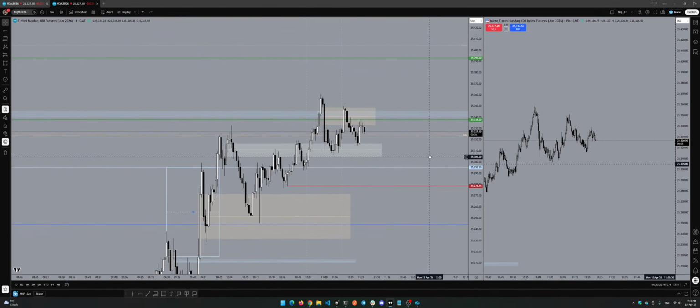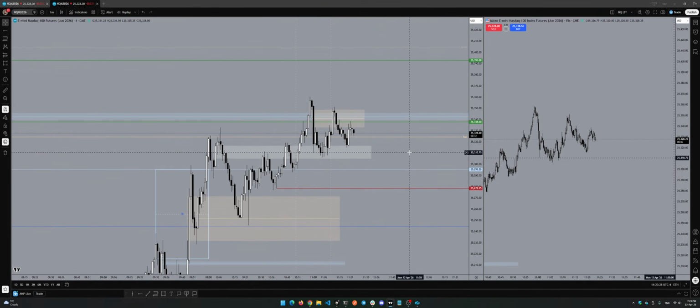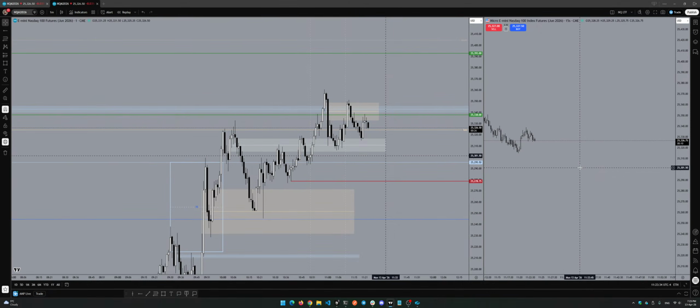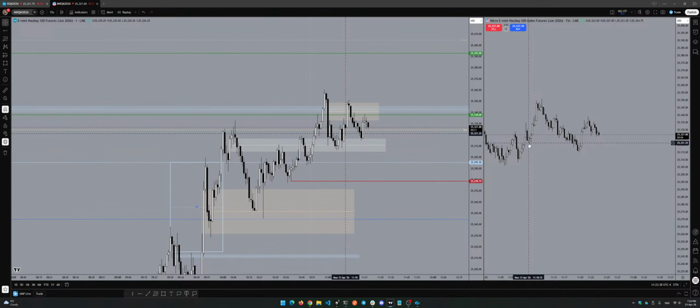Okay, removing it from the 1-minute chart. I need a meaningful market structure shift. This low is taken, but when this low gets taken, it will be too late for me to trade.